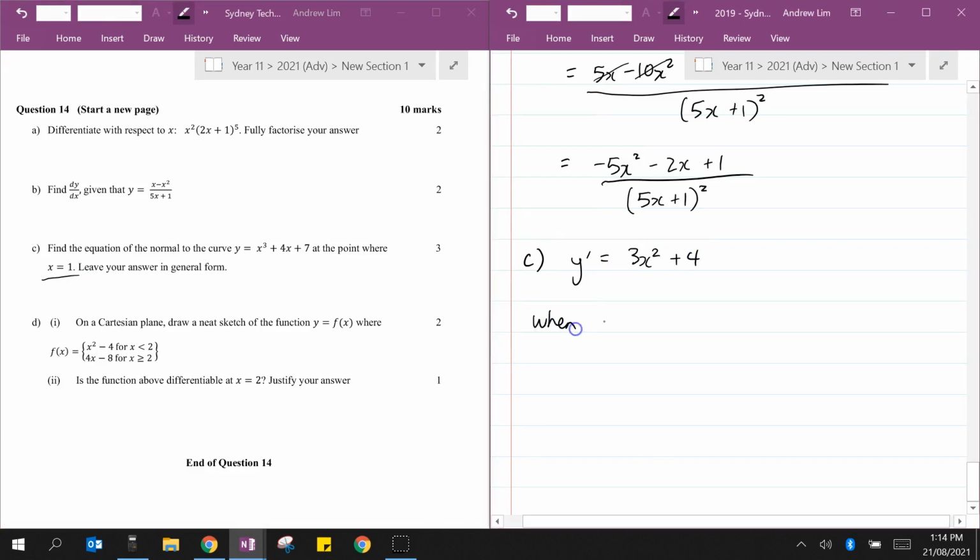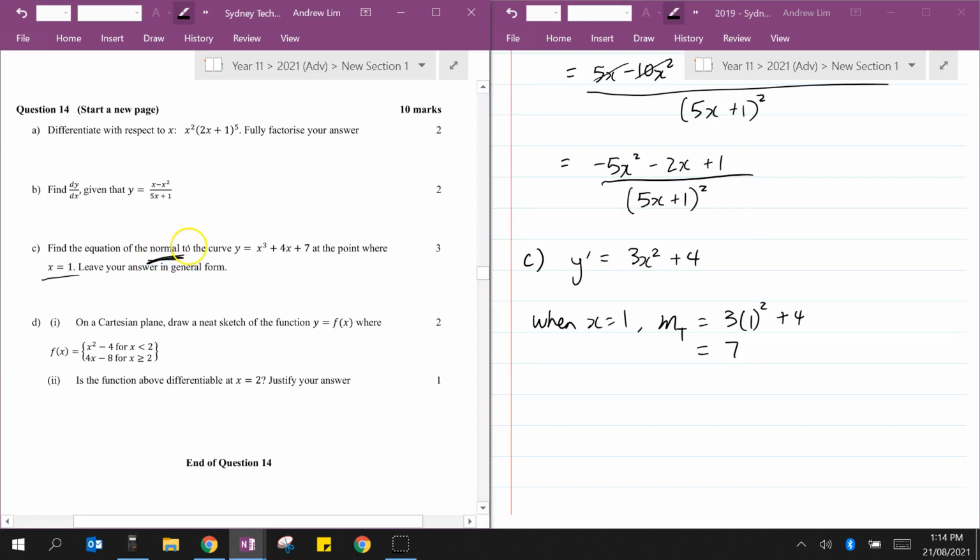So when x is equal to 1, the gradient of the tangent is going to equal 3 times 1 squared plus 4. That's going to equal 7. Now the question wants us to work out the equation of the normal. So therefore the gradient of the normal has to be the negative reciprocal of that, which is negative 1 over 7.